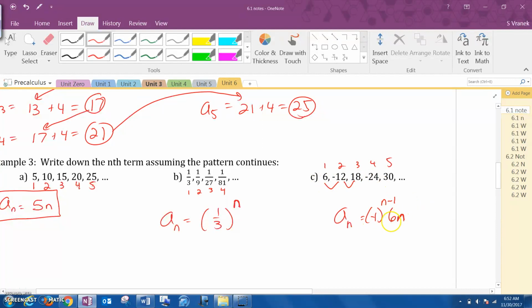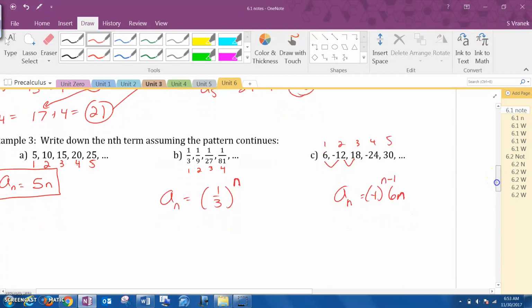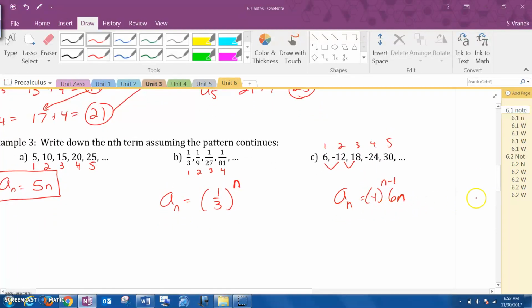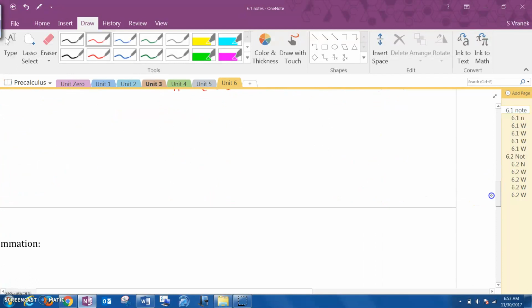And then 6 times 1 is 6. So now I have a positive 6. If I do the second term, 2 minus 1 is 1. Negative 1 to the 1 is still negative, and then 6 times 2 is 12. That'll give me the negative 12. So that is my nth term. Okay, these can be very tricky.